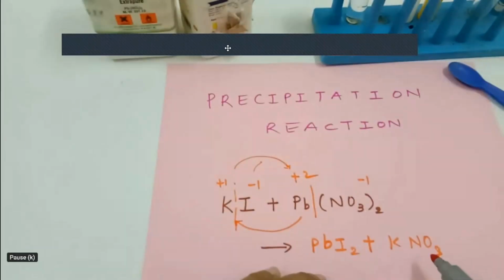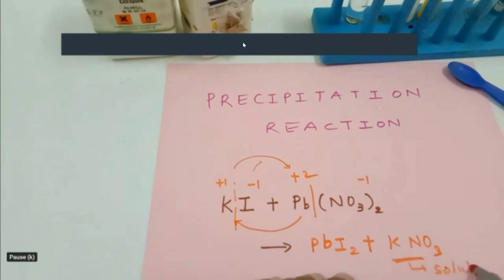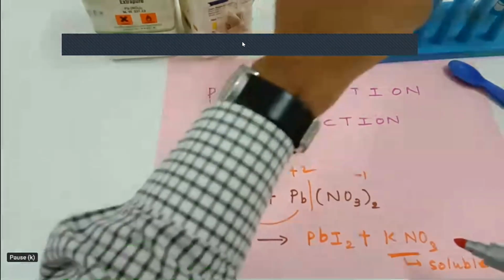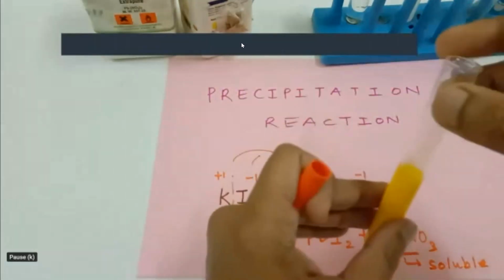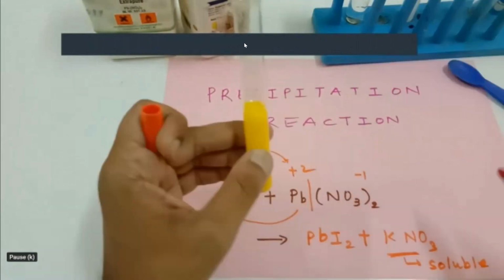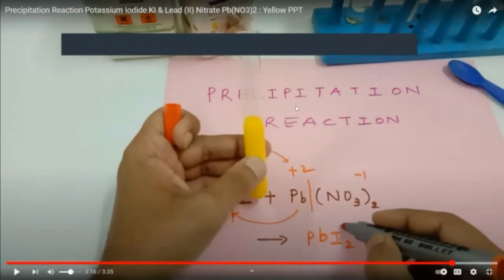We know that all compounds of potassium are soluble in water, so KNO3 dissolves in the water. The liquid part is potassium nitrate, and the yellow particles are lead iodide, which is not soluble.